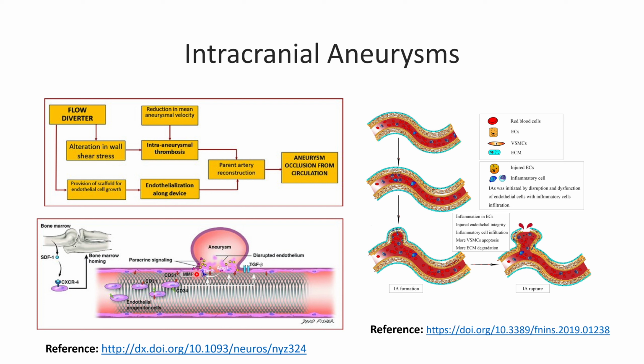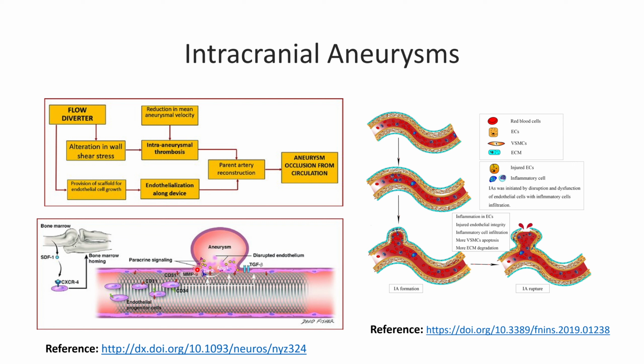When these two joints come together, the mean velocity within the aneurysm is reduced, as the area from which the blood can go into the aneurysm gets reduced.